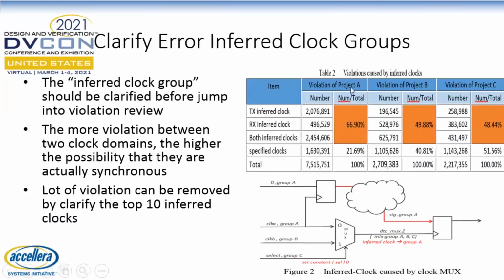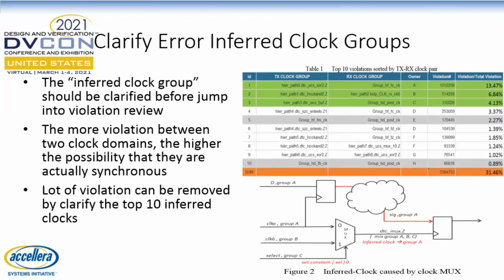Table 2 shows the violations caused by inferred clocks of three projects. About 48% to 67% of violations are related to inferred clocks, so clarifying the inferred clock domains becomes the primary task.